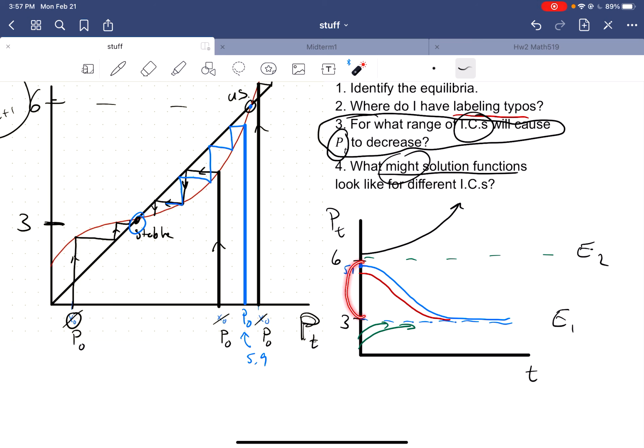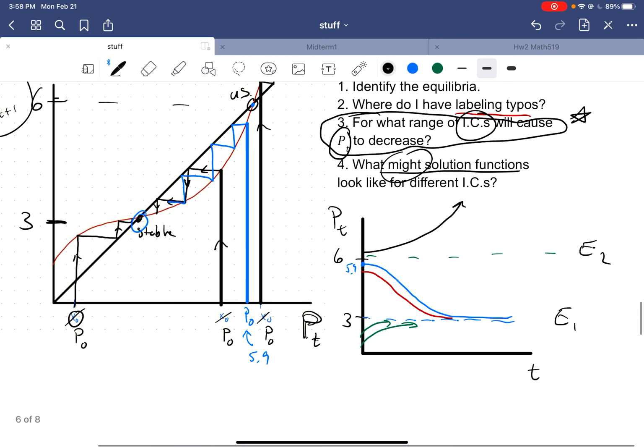And in this range here, my solution function will decrease down to equilibrium. If I could put a star by this question, it's tricky, but if P0 is between 6 and 3, then P1 is going to be less than P0, and P2 is going to be less than P1, and so on and so on. It's going to decrease.